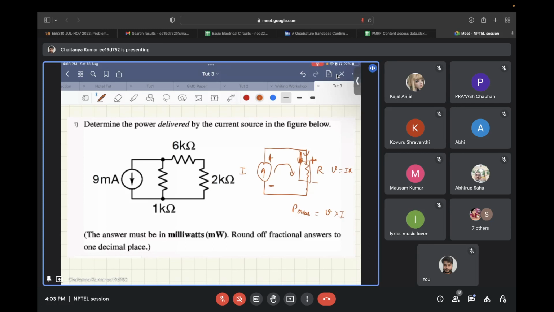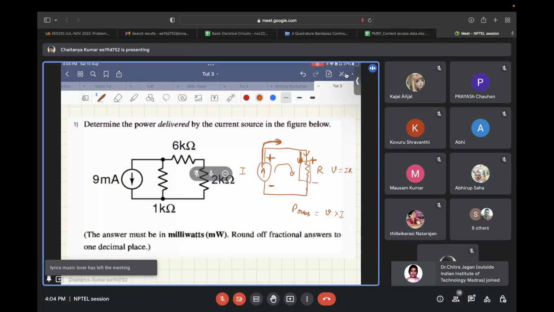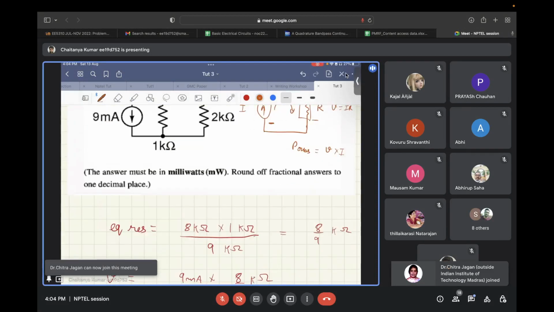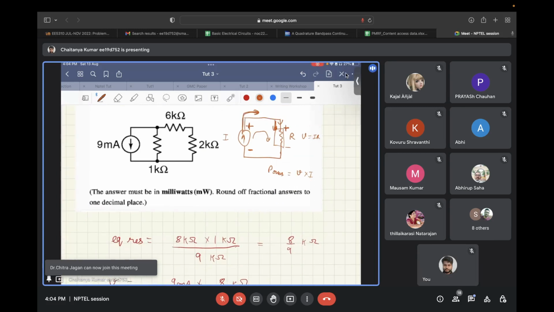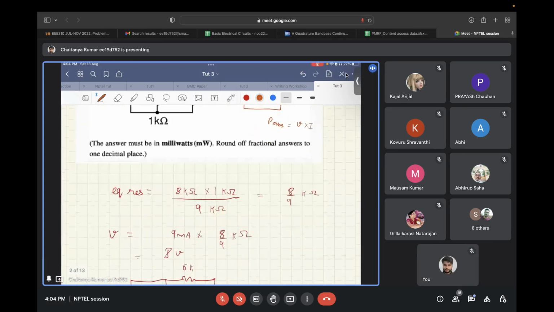Here you see that the current is going out of the positive terminal of the element that is delivering power. So keep this in mind. This convention is known as the passive sign convention. According to this, we will find the power delivered by the current source.